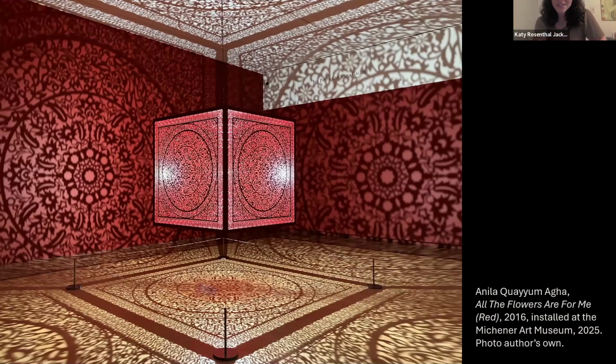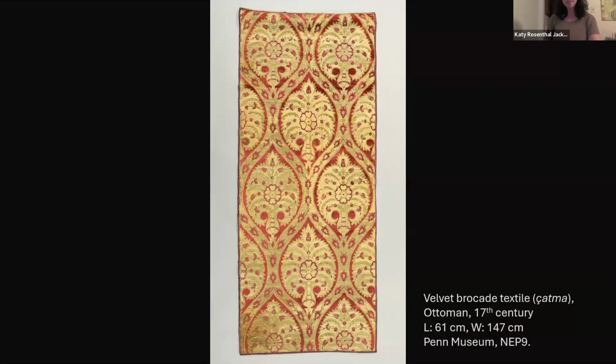Okay, so diving in here, the first textile that I wanted to share with you is this gorgeous piece of velvet. It's a special type of velvet referred to in Turkish as çatma, which was a famous product of the Ottoman Empire from around the mid 15th through the 17th centuries.